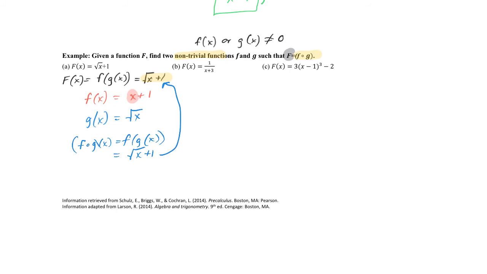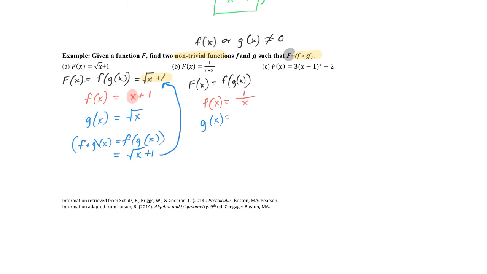All right, let's look at B. For B, again, capital F of x is equal to 1 over x plus 3, so F of x equals f of g of x. I need to determine what f of x would be and what g of x would be. If I'm looking at 1 divided by x plus 3, what if f of x was 1 divided by x?